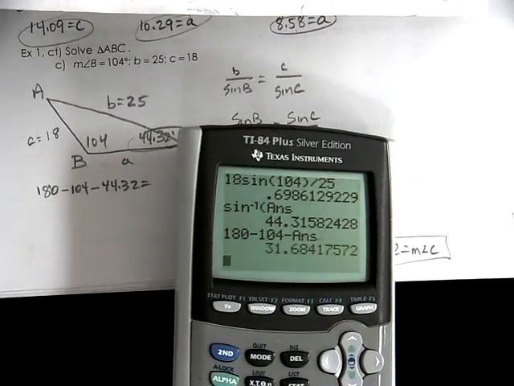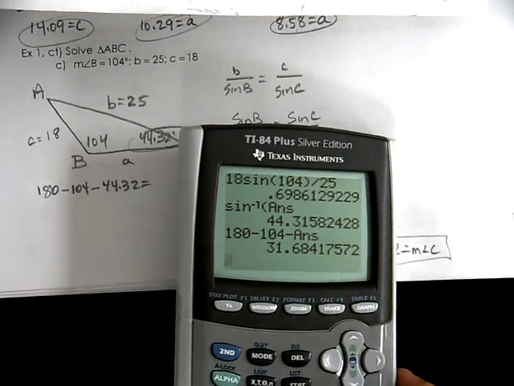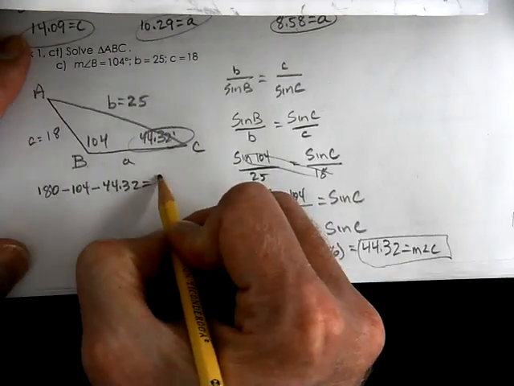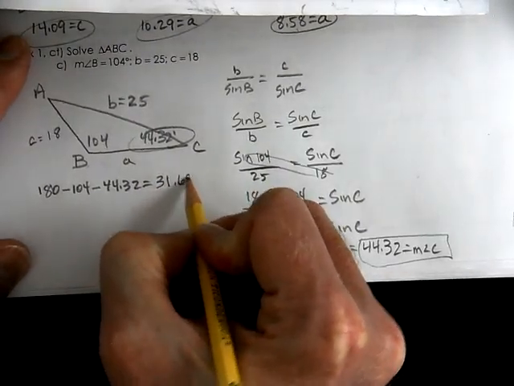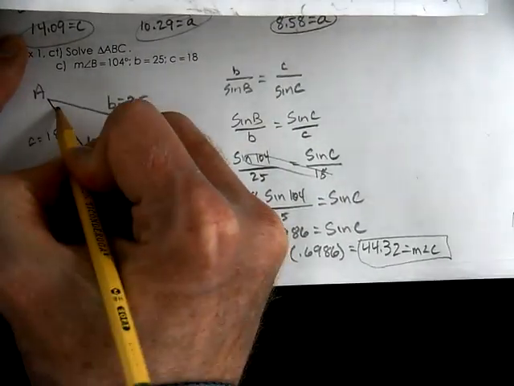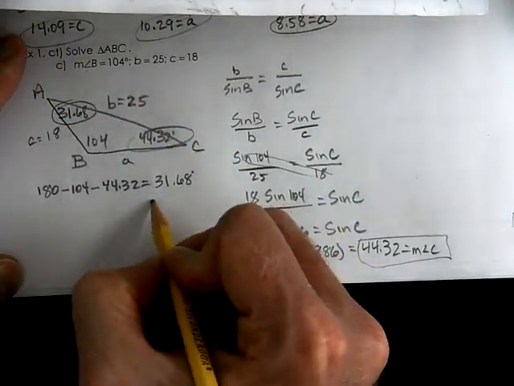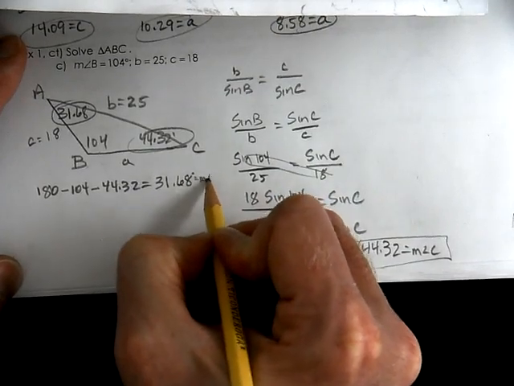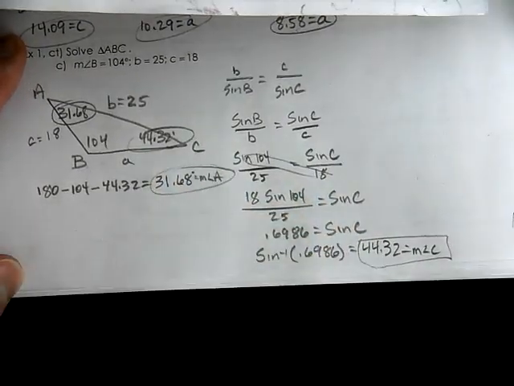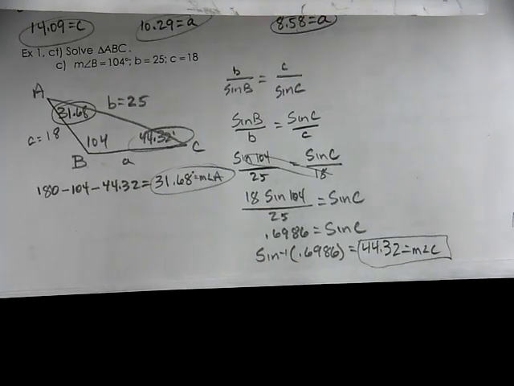Here it barely matters, but might as well use it when we're used to it. 31.68. So this angle is calculated. That's the measurement of angle A. Label your work. What did you find? Now what are we looking for?